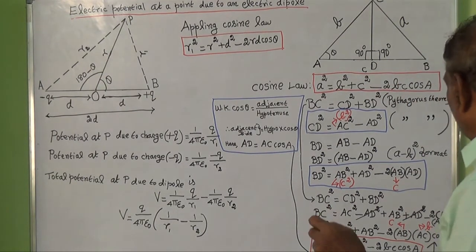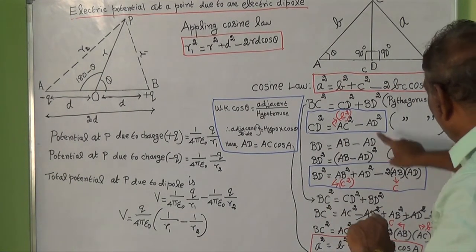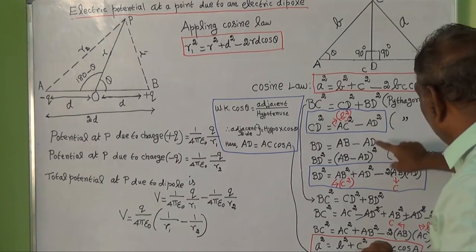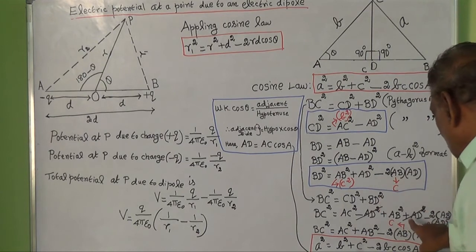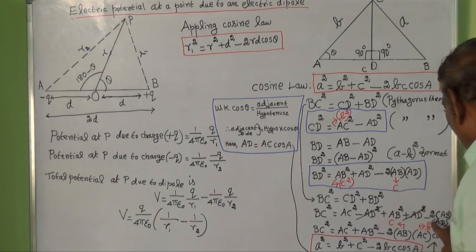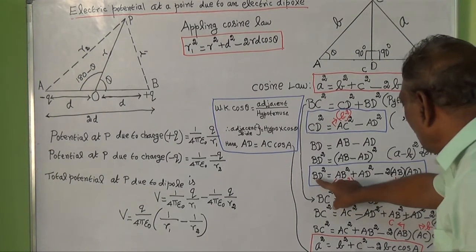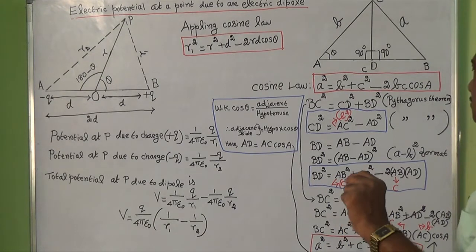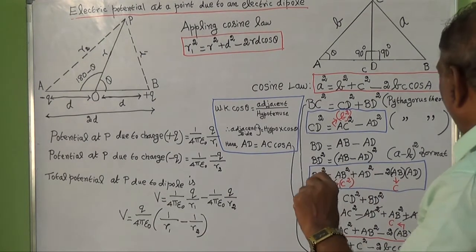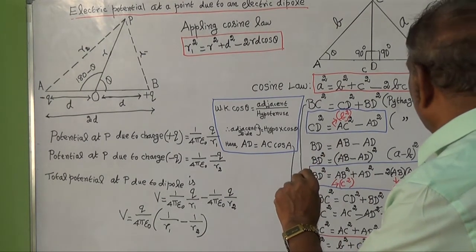Then if we substitute BD square, we will get AB square plus AD square minus 2AB into AD. This is also we have already determined. So now we have substituted CD square and BD square.